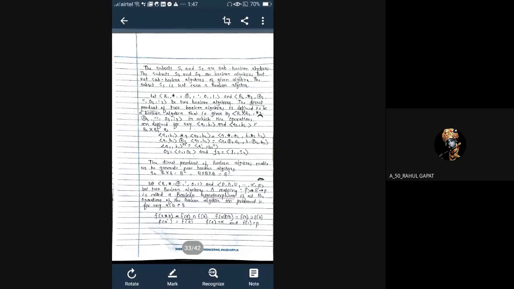Again we take these two ordered pairs as A1 B1 XOR 3 A2 B2. This is equivalent to A1 and A2, these two elements belong to the first set B1, and for B1 we have written the operation as XOR 1. That's why this is equal to A1 XOR 1 A2.